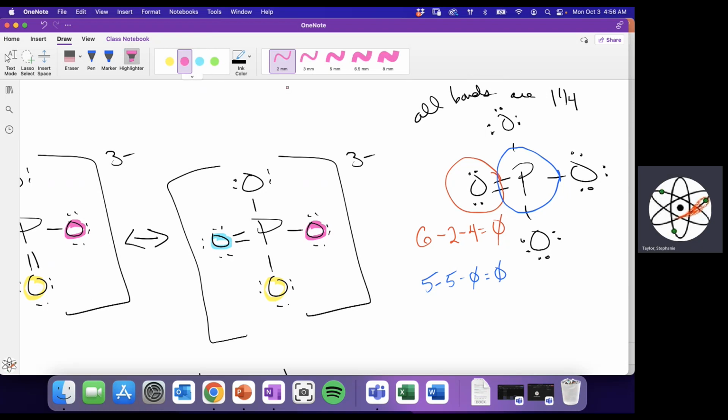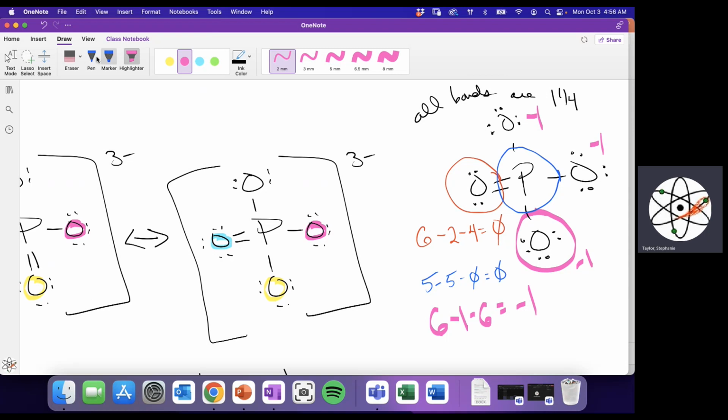Then I can grab all the remaining oxygens, which look the same. This oxygen has 6 valence electrons. It has 1 electron it's sharing in a bond, and 6 electrons all to itself for a -1 charge. So essentially I've got a -1 here, a -1 here, and a -1 here.